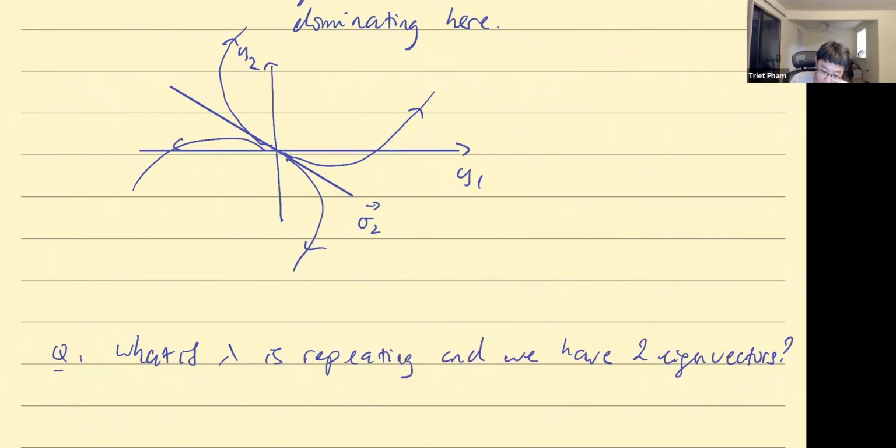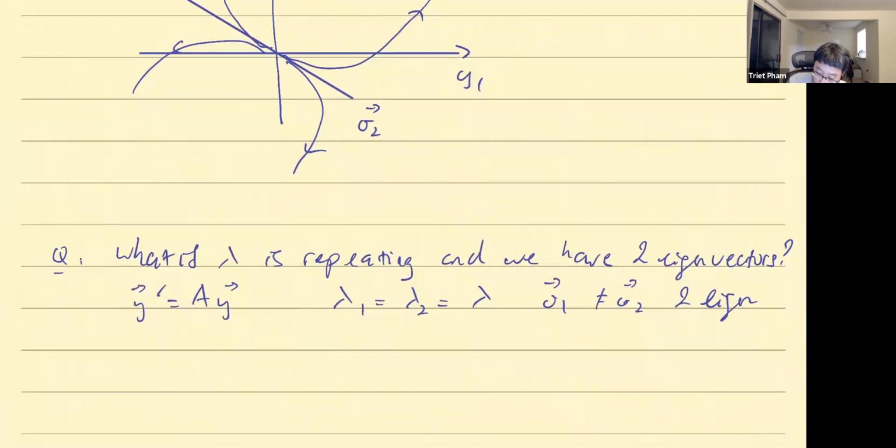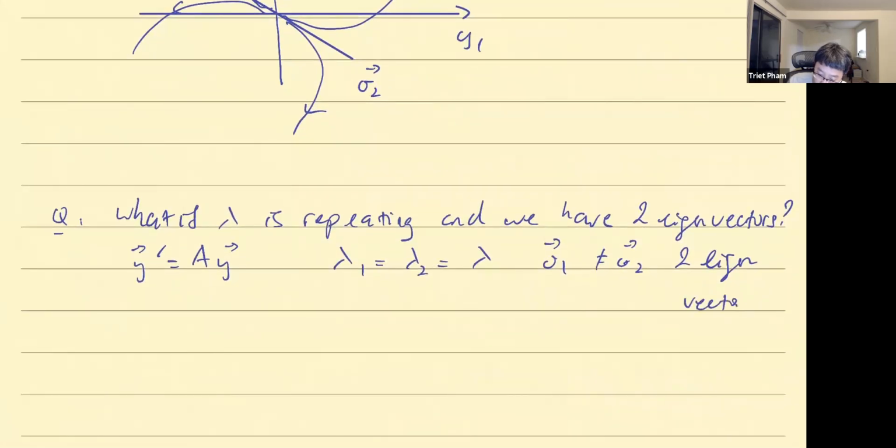In other words, this is a 2 by 2, Y prime equals AY. So you've got lambda 1 equals lambda 2 equals lambda. But in this case, you have both eigenvectors. How would the graph here look? I'll tell you the easy part.